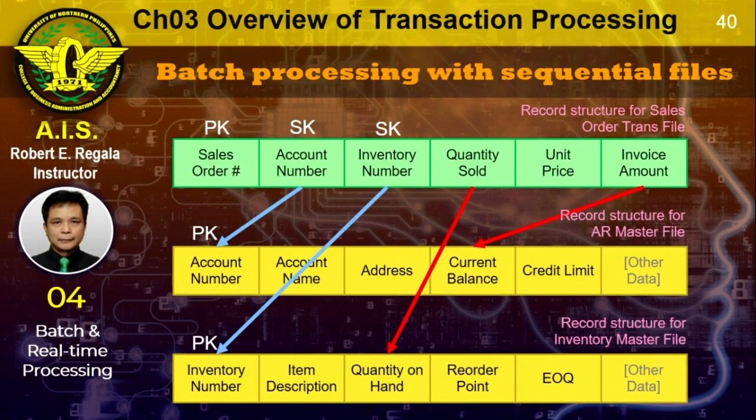The accounts receivable update program recalculates customer balances by adding the value stored in the invoice amount field of a transaction record to the current balance field value in the associated accounts receivable record. The inventory update program reduces inventory levels by deducting the quantity sold value of a transaction record from the quantity on hand field value of the associated inventory record.